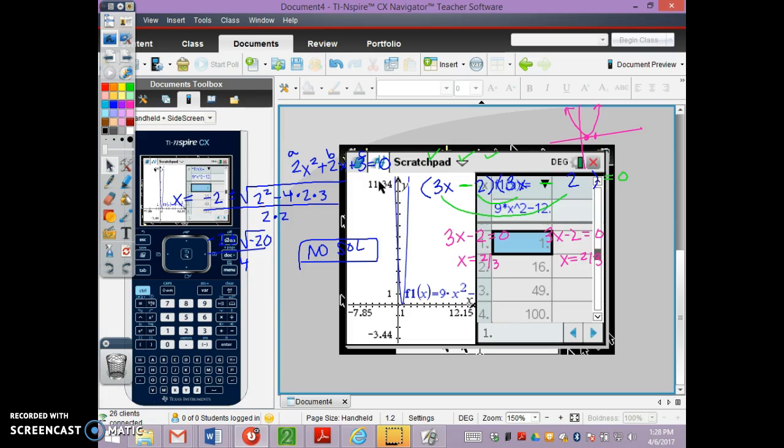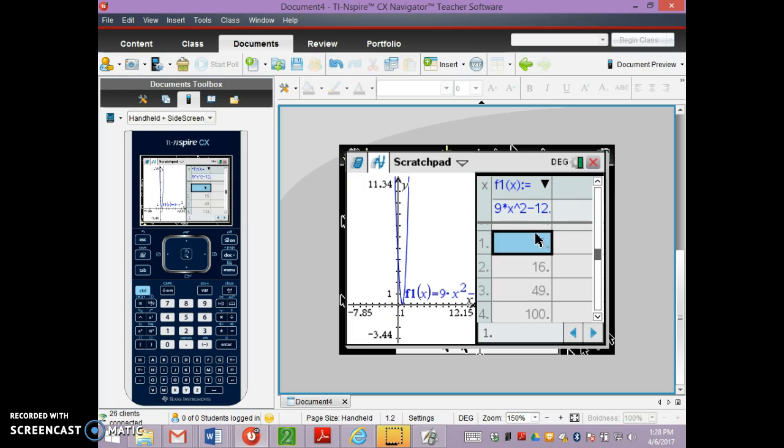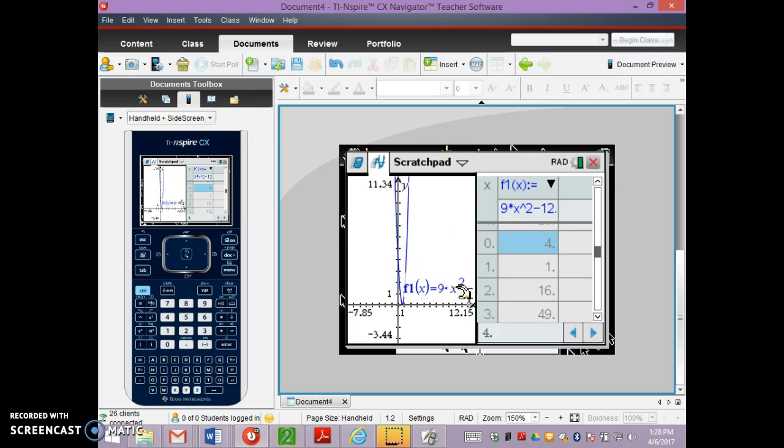Let me get this work off of here real quick so you can see. All right, so 1 is at 1, but 0 is at 4. So that's our y-intercept. See that plus 4 in the end? That means it's our y-intercept. And then at 1, it's already come down and back up by then.